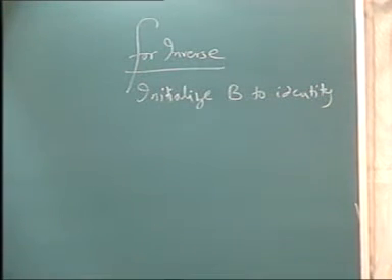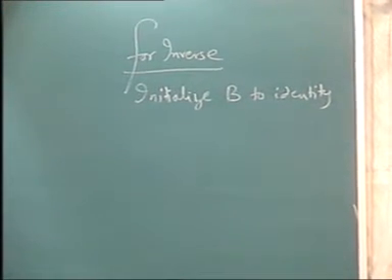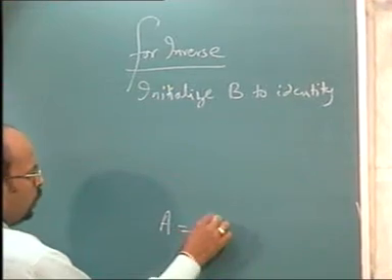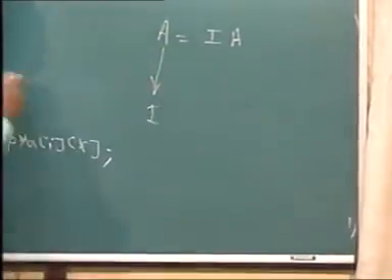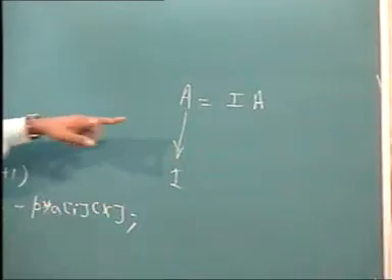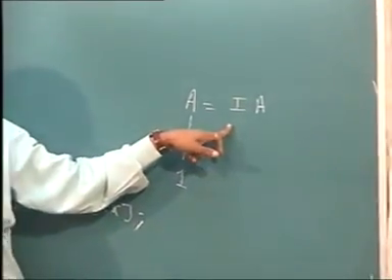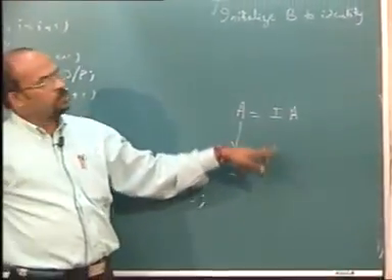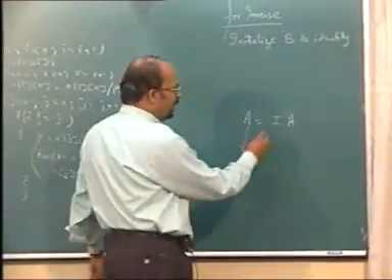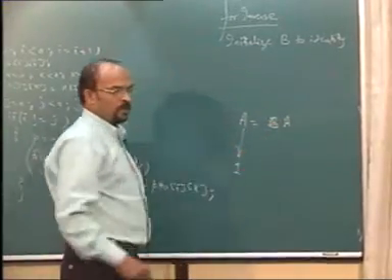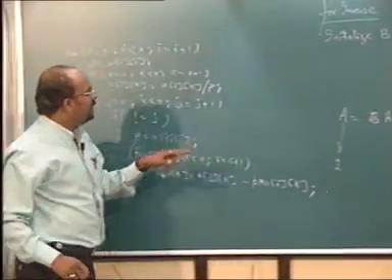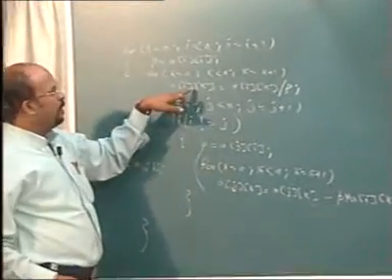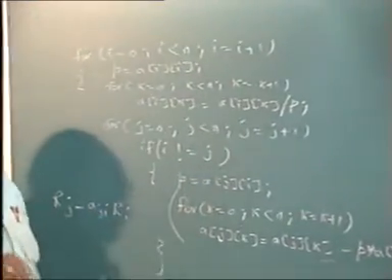It is the same process that we had. A equal to IA. A should be reduced to identity. We know the loop. And the same operations are to be performed on identity. This will become the inverse. So I said that let this be matrix B. It should be initialized to identity matrix. And then whatever operation I perform on A, same operation should be performed on B.